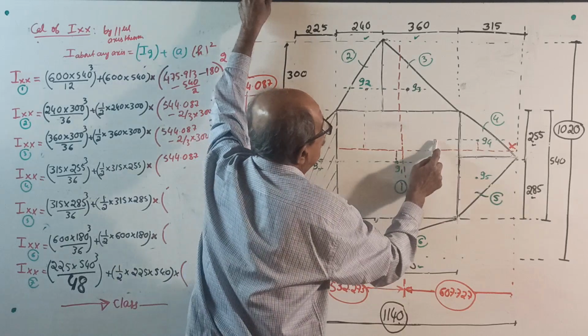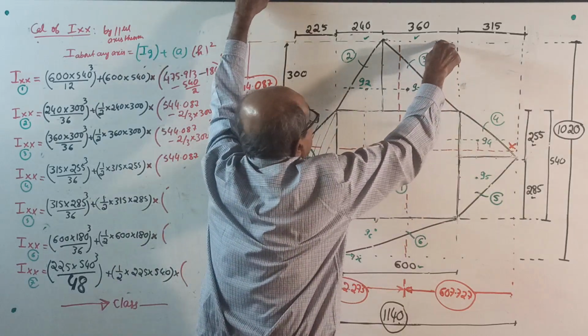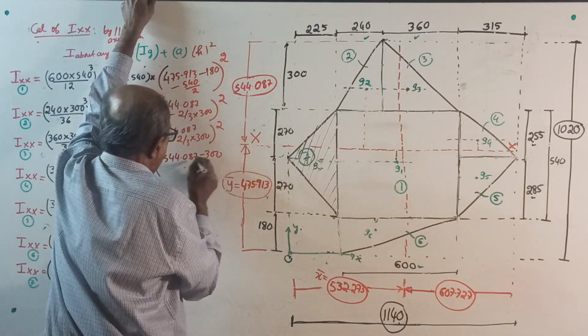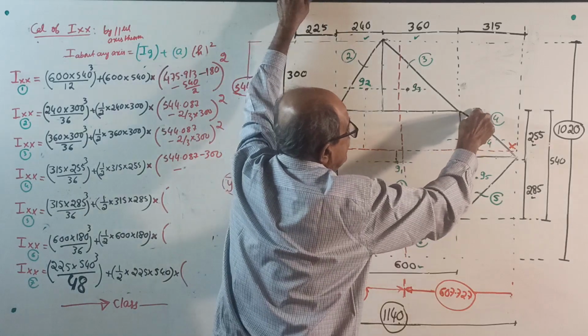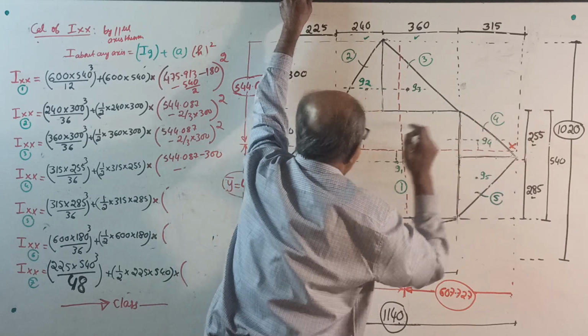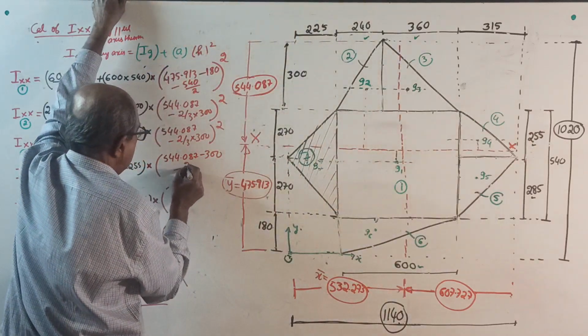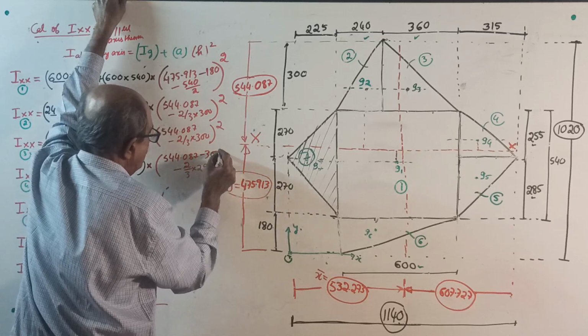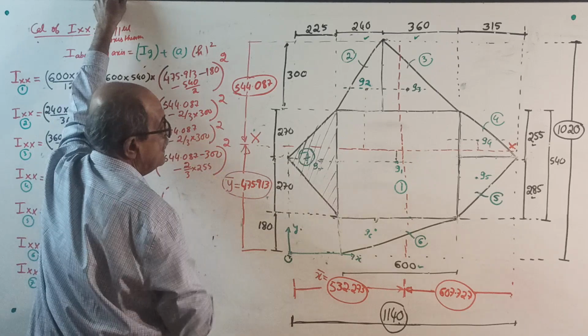From 544.087 subtract 300, and also subtract this distance, 2 by 3 of 255, that is to be squared.